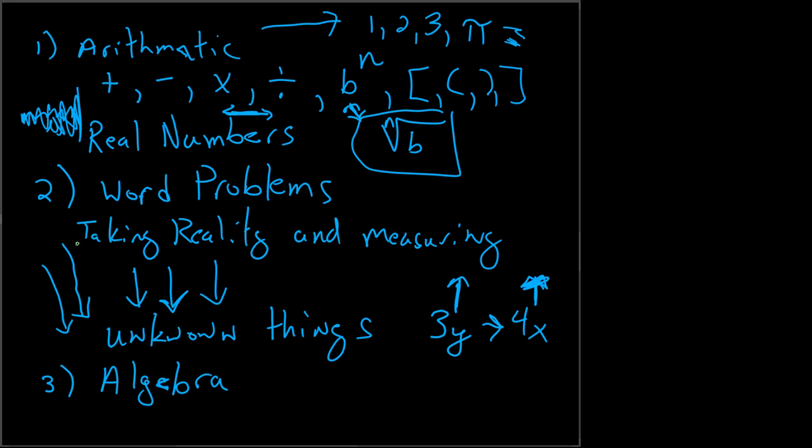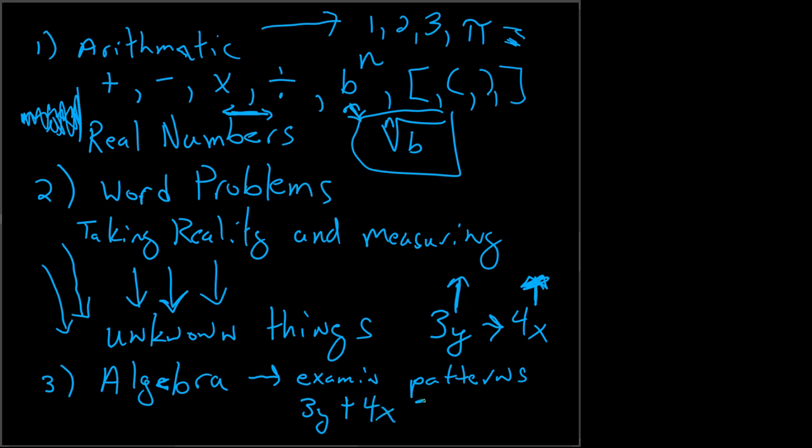What we're going to do then is take a step away from reality, in the sense that we're going to examine the patterns of these unknown things. Like what happens when I have 3y plus 4x?